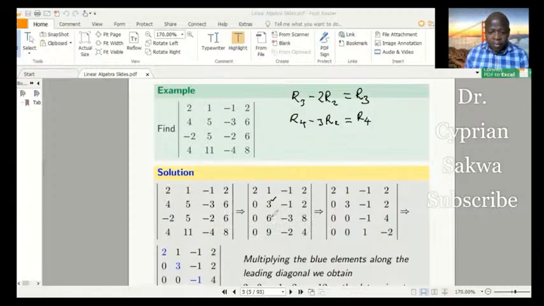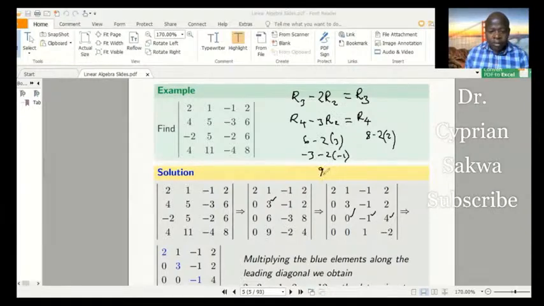So what do I get here? Row 3, the element there is 6 minus 2 row 2. The element in row 2 is 3, and that gives me this 0. And then negative 3 minus 2 multiplied by negative 1, that gives me negative 1. And then 8 minus 2 multiplied by 2, that gives me this 4. Then now I come to this other row. Remember that it's minus 3 row 2.